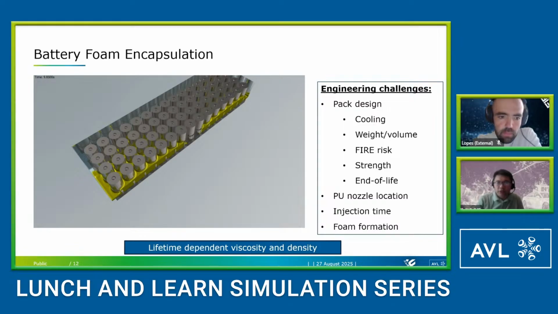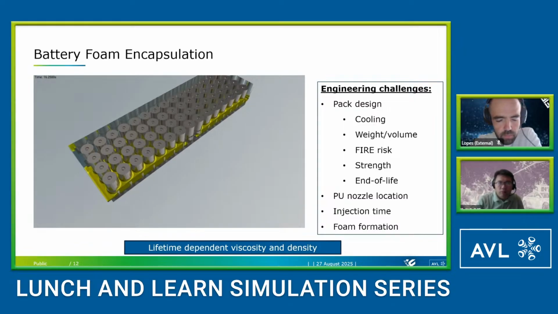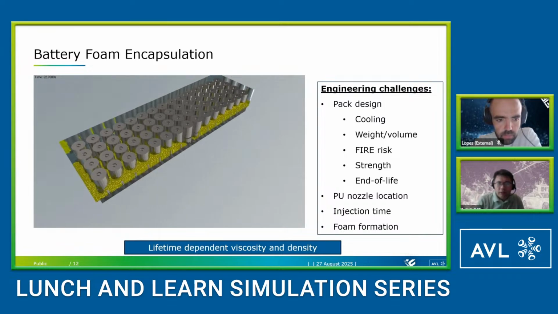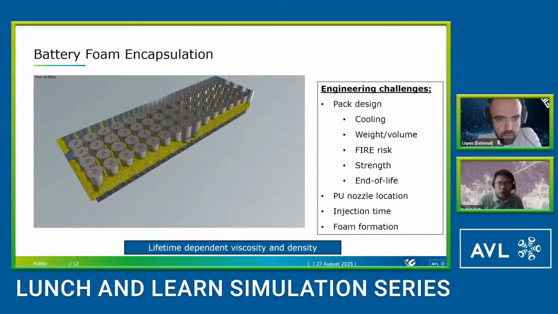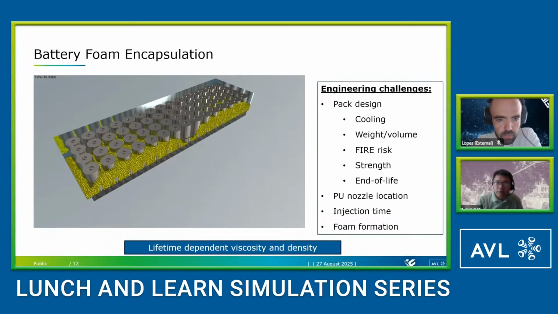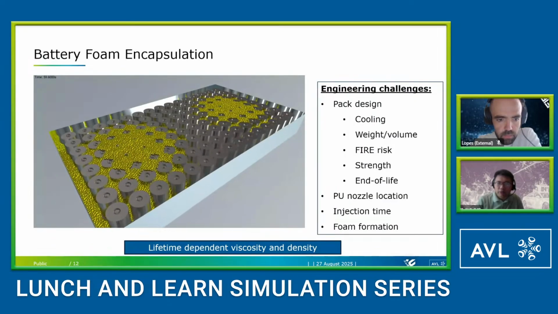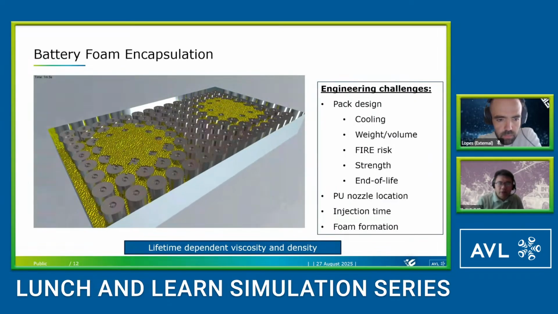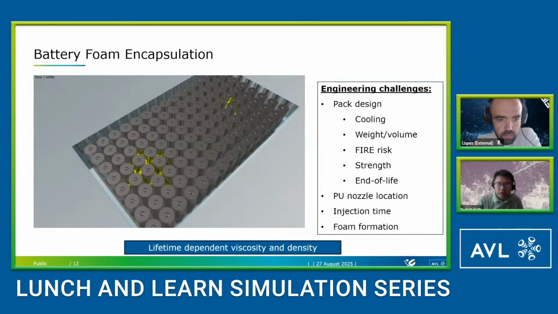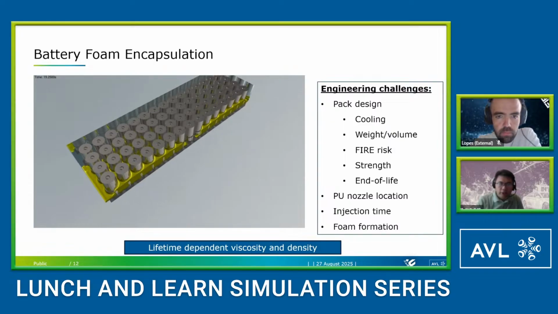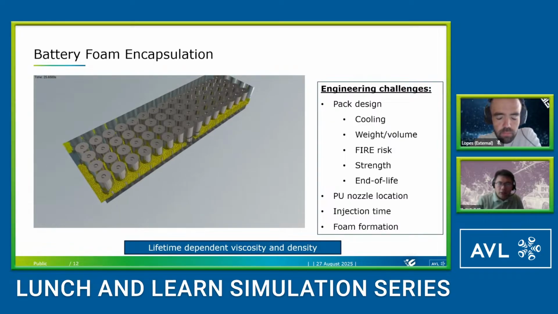Here's another tricky one, the foam encapsulation for the battery pack. The foam encapsulation can add structural stability to the battery pack by holding the cells in place to protect them from shocks or vibration, and it can also absorb the combustion particles in case of thermal runaway events.